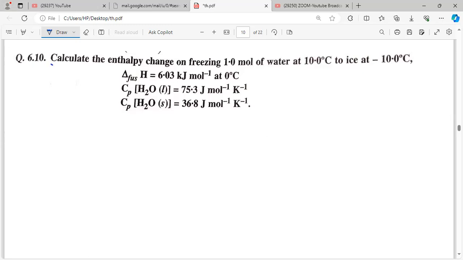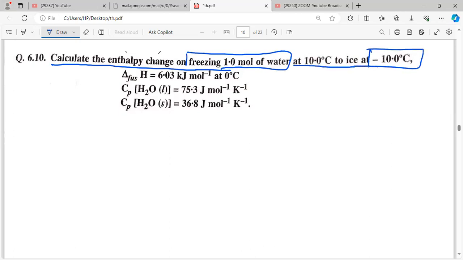See, calculate the enthalpy change on freezing. How much are they freezing? 1 mole of water at 10 degrees C to ice at minus 10 degrees C. And 3 processes are involved here.